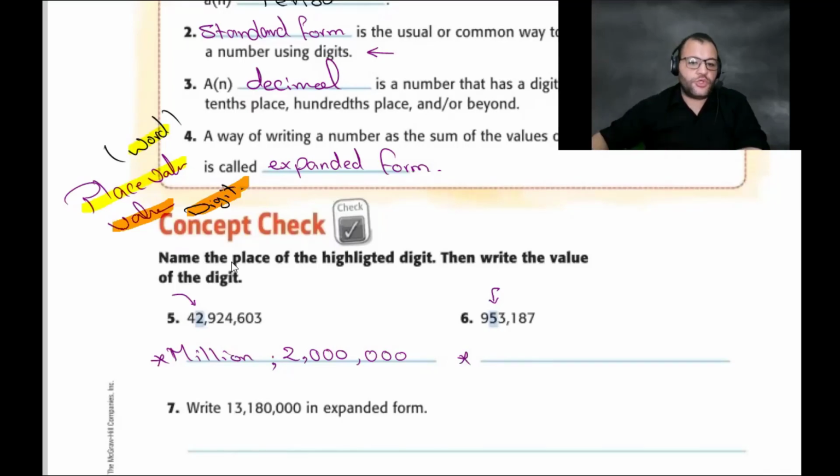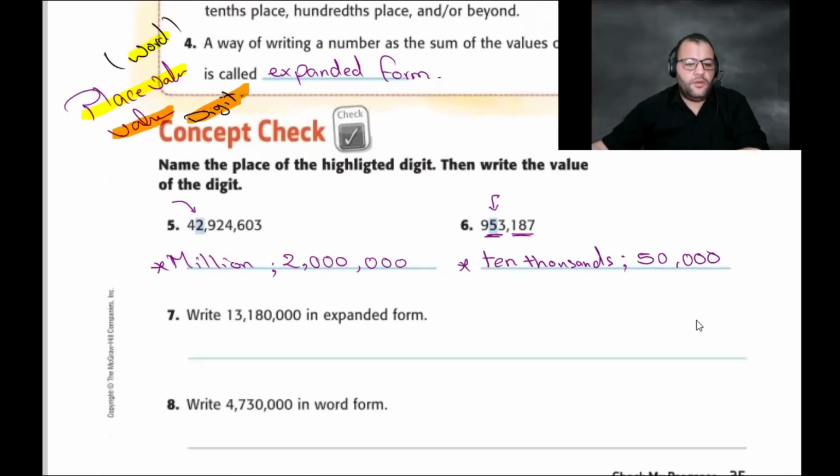We divide into periods, then we name each digit inside the period. Yes, it's in tens. In which period? 10,000. Yes, perfect. So its value now will be, what is the value? 50,000.